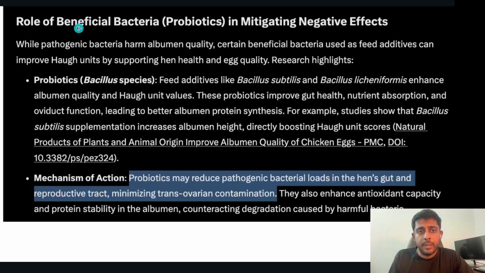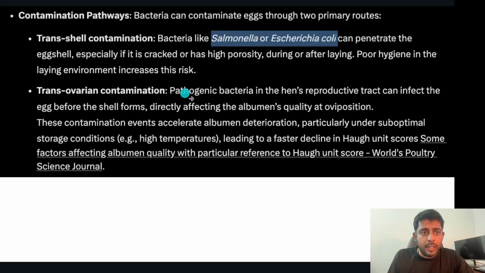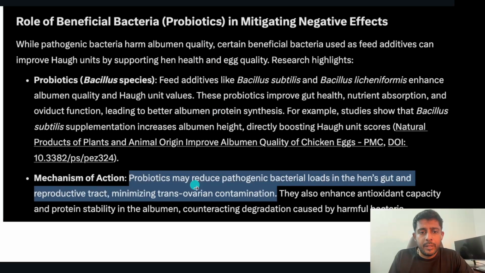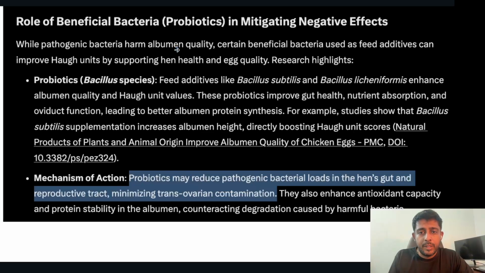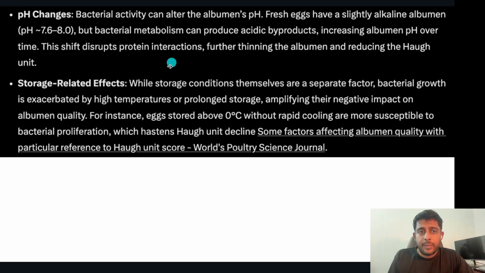So if you use a beneficial bacteria, you can negate the trans-shell contamination. So probiotics may reduce pathogenic bacterial loads in the hen's gut and reproductive tract, minimizing trans-ovarian and trans-shell contamination, which is here, trans-ovarian, trans-shell. So probiotics is good for that. So not all bacteria is bad. It also keeps the eggs fresher and keeps the pH within the range that it needs to be.